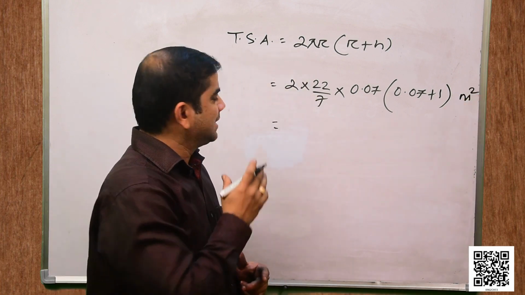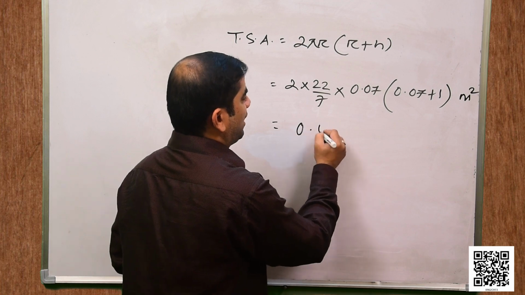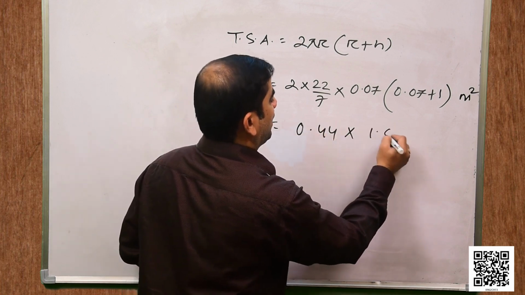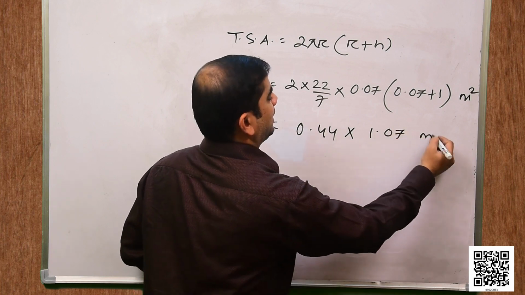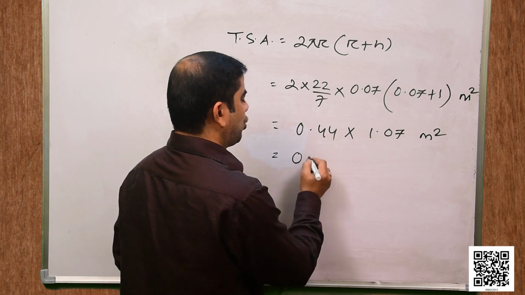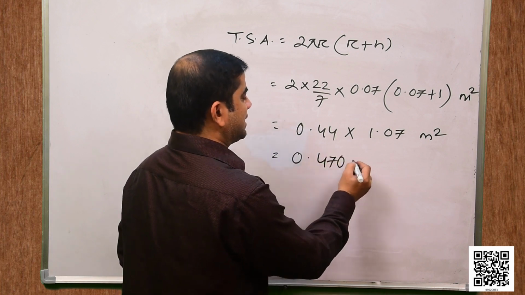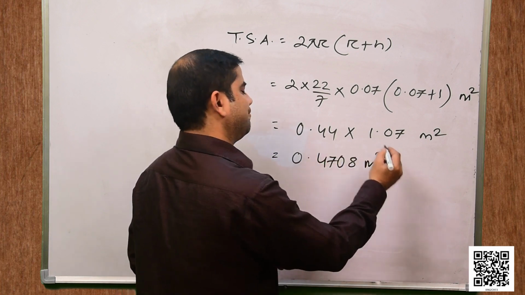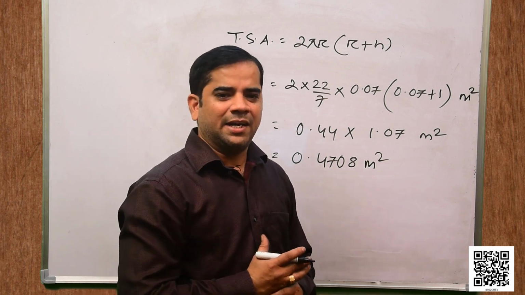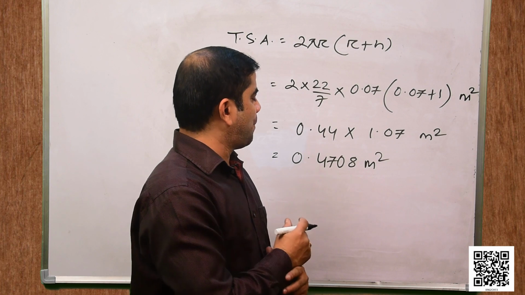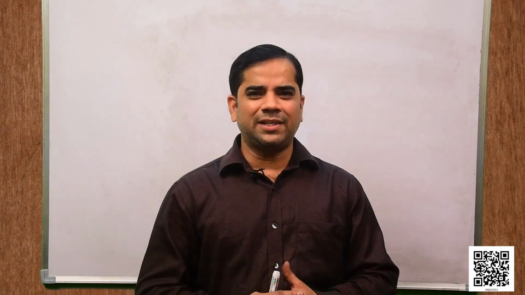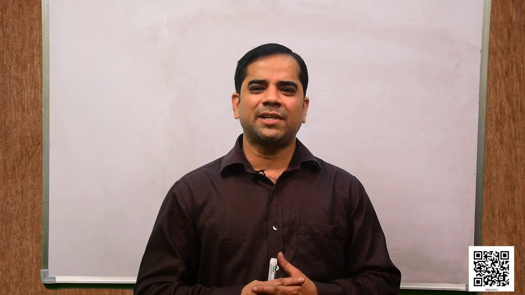And this becomes 0.44 into 1.07 meter square. So, this is 0.4708 meter square. So, the total surface area is found to be 0.4708 meter square.